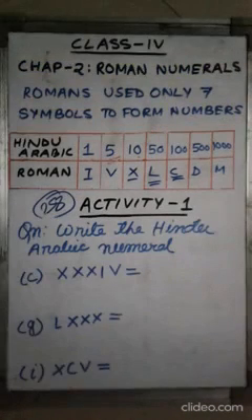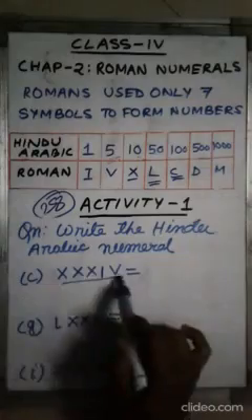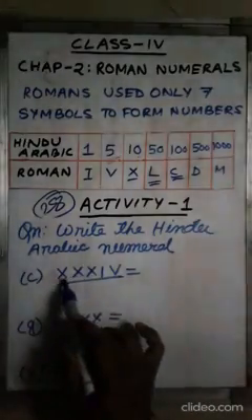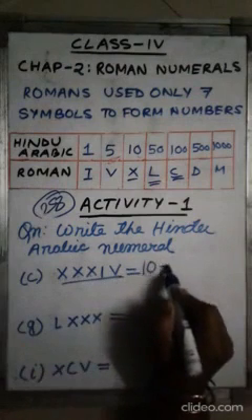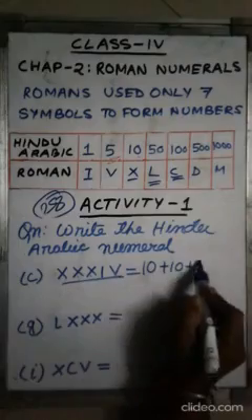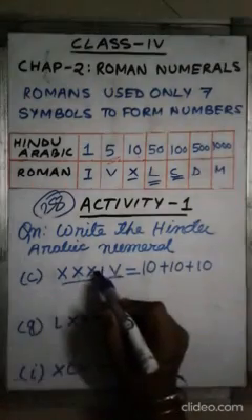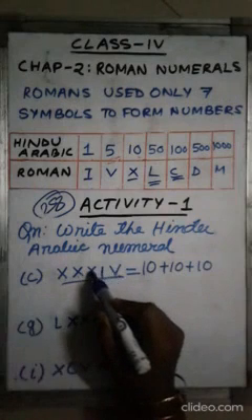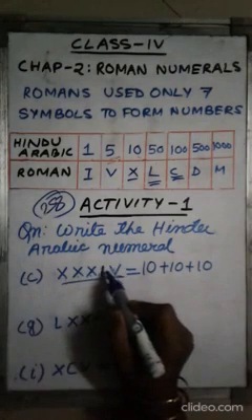Question number 2, write the Hindu-Arabic numerals. For this, you can see the symbol is repeated, that means it will be plus. 3 times repeated. But here you can see that this is greater and this is greater, but this is a smaller value.